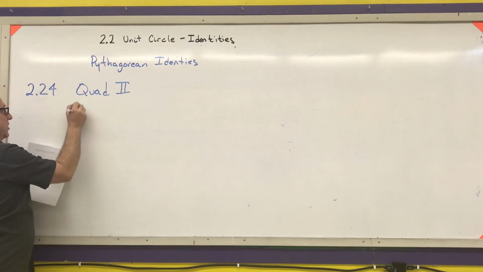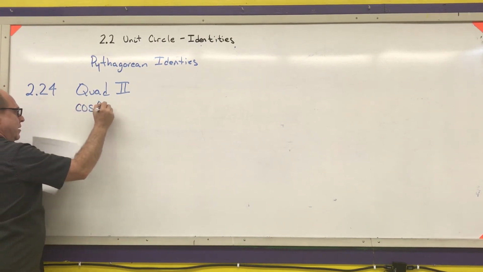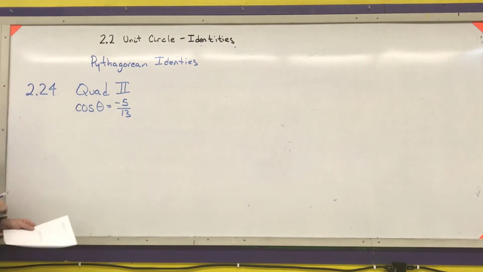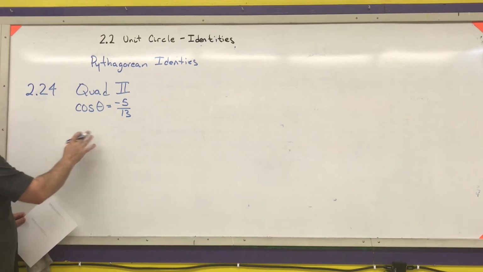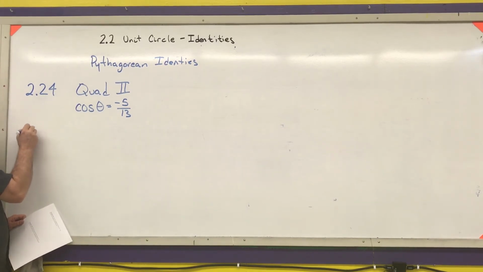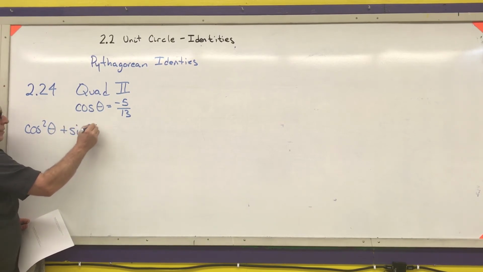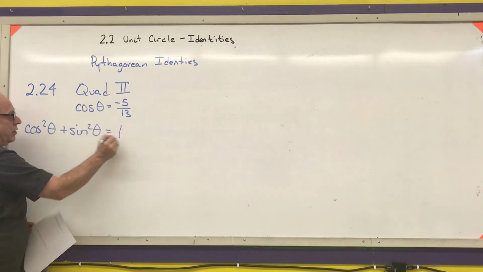I know that the cosine of theta is equal to negative 5/13. So I'm going to use my Pythagorean identity of cosine squared theta plus sine squared theta equals 1.